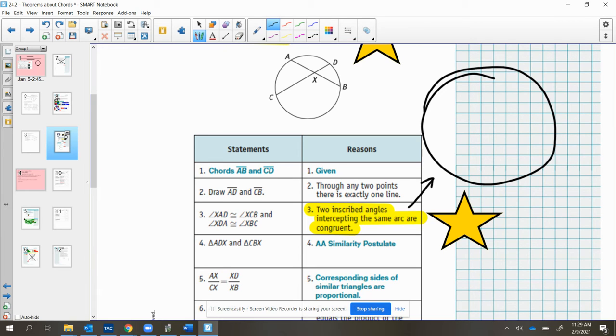And what this theorem says is that if we have an angle inscribed on a circle, which you probably don't know what the word inscribed means yet, but it's when the angle is on the circle, and we have another inscribed angle on the circle that opens up onto this same arc. Notice both the red and the blue angle open up onto this same arc. Those two angles then on the circle are going to be congruent to each other because of this fact. Okay, and we'll definitely work more with that later, but this is where the book talks about it originally, in this proof.